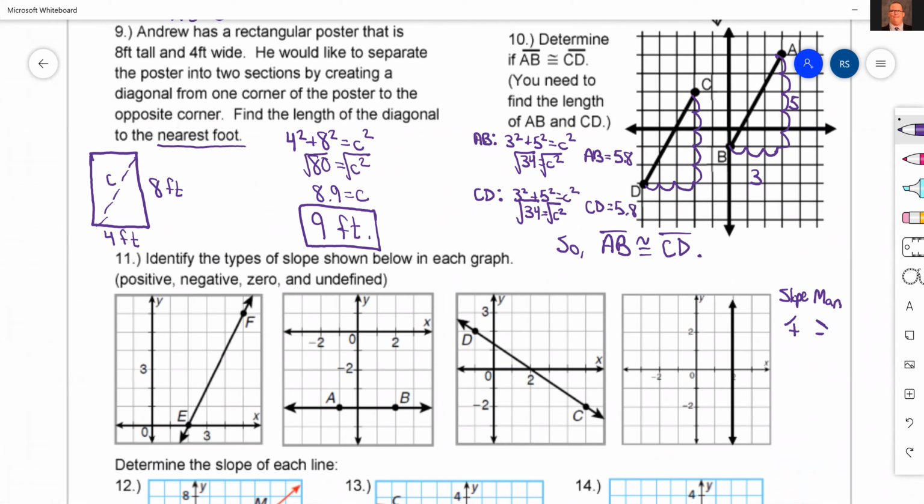So positive means it's going upwards left to right. Negative means it's going downwards left to right. Straight up and down is undefined. And then zero slope is a horizontal line. Just remember slope man.